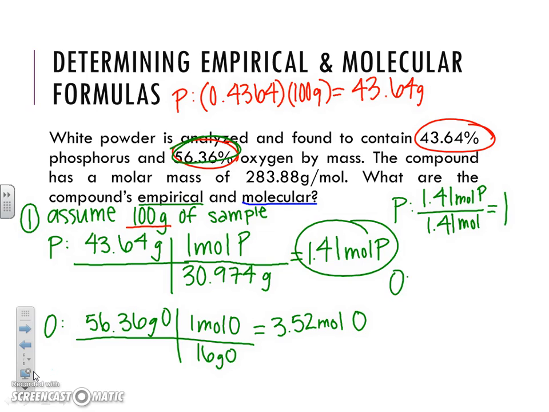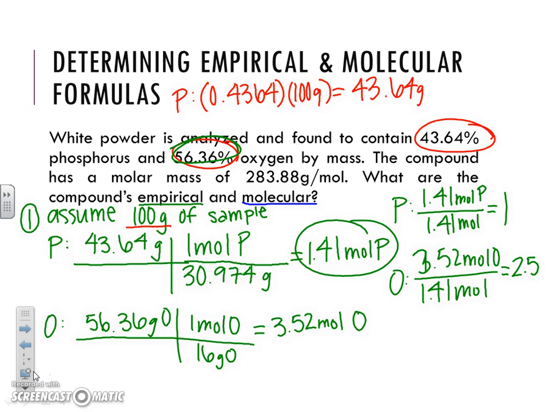For oxygen, I'm going to do the same thing. We have 3.52 moles of oxygen divided by 1.41 moles, which gives me 2.5.